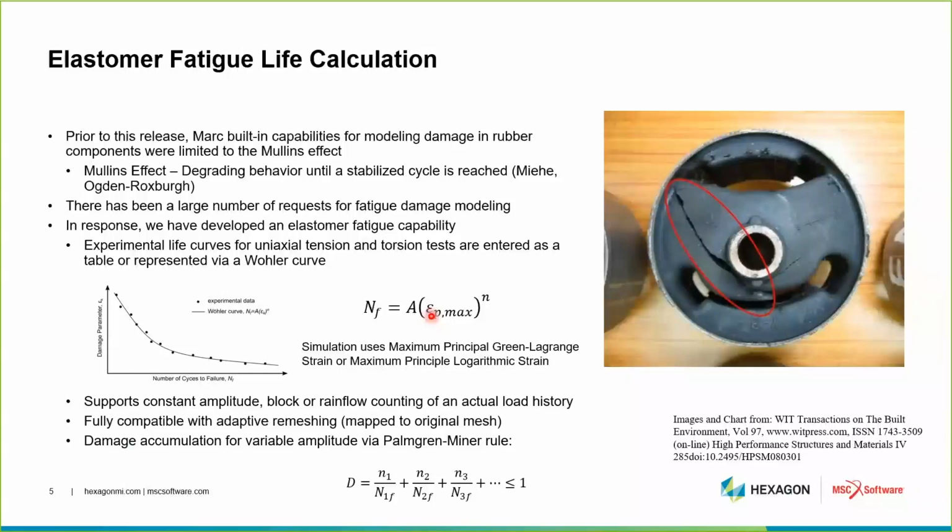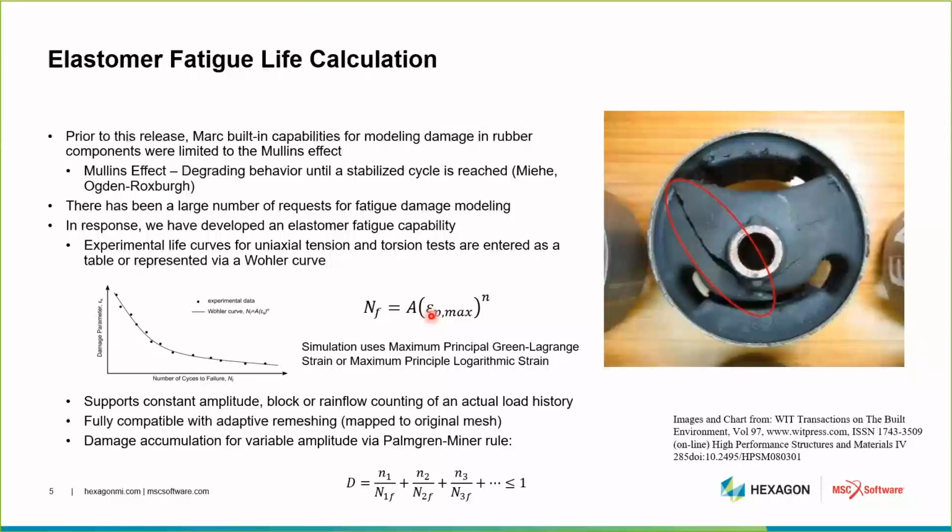We've had Mehe for some time. We've introduced Ogden-Roxburgh fairly recently. But we've also seen a large number of requests for fatigue damage modeling. And so in response, we decided to start working on that, and we've developed an initial elastomer fatigue capability.